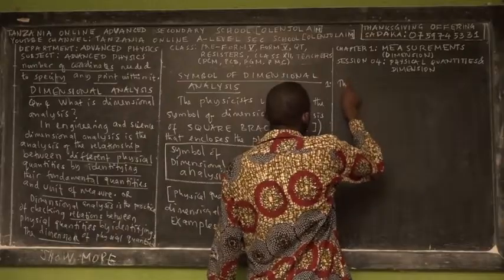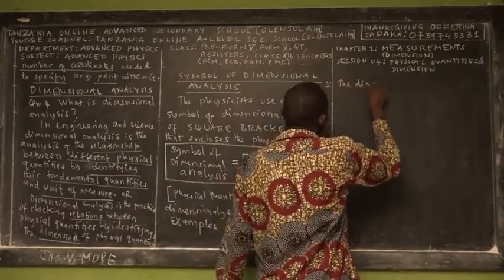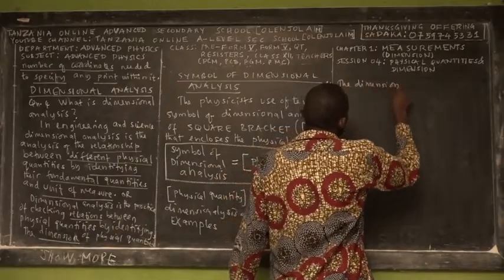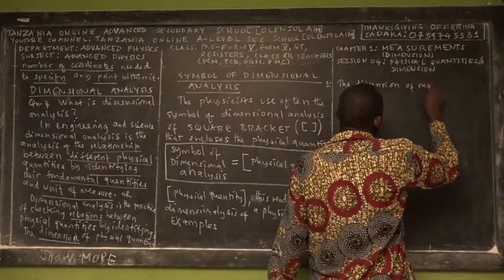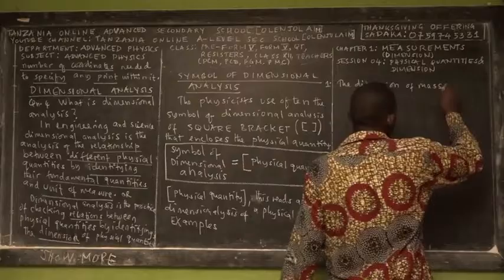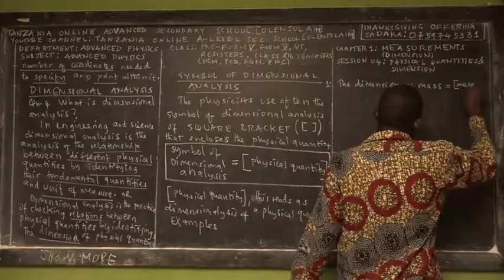The dimension of mass is represented as square bracket of the physical quantity called mass, and this is equal to what?